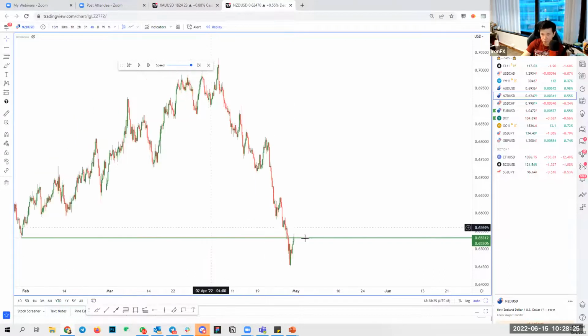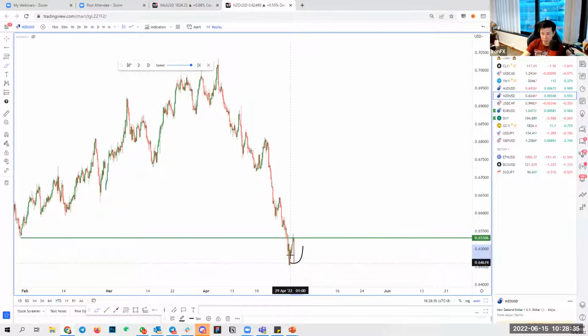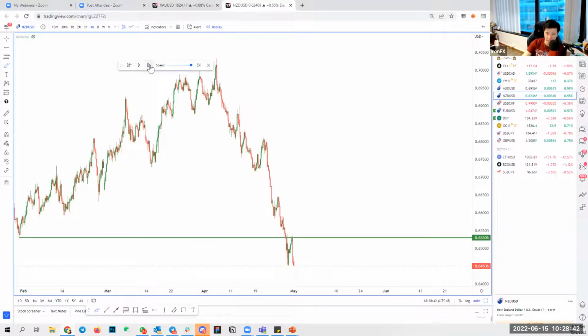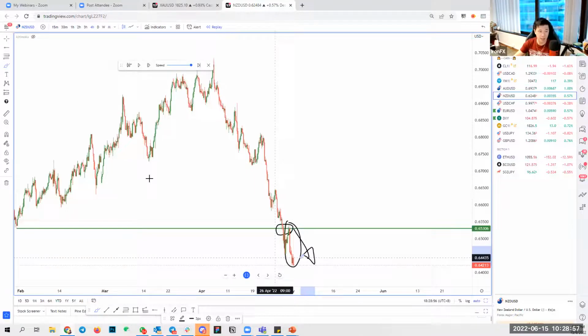Everyone who was long, thinking that price might bounce from here, gets out of their trade, and it causes price to plummet once again. How strong is such a pullback? Look at this: people get out of the trade, and this is where you make the money. When people are panic selling over here, you start to short and you start to make some money.